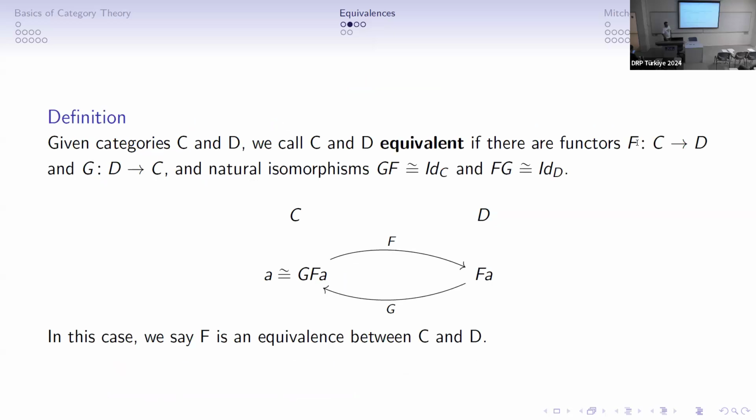So we define equivalence. We want the compositions to be naturally isomorphic to the identity functors. What we mean by this is when we start with an object A, and then come back to our category, we want it to be isomorphic to the starting object. So in this case, we also say F is an equivalence.